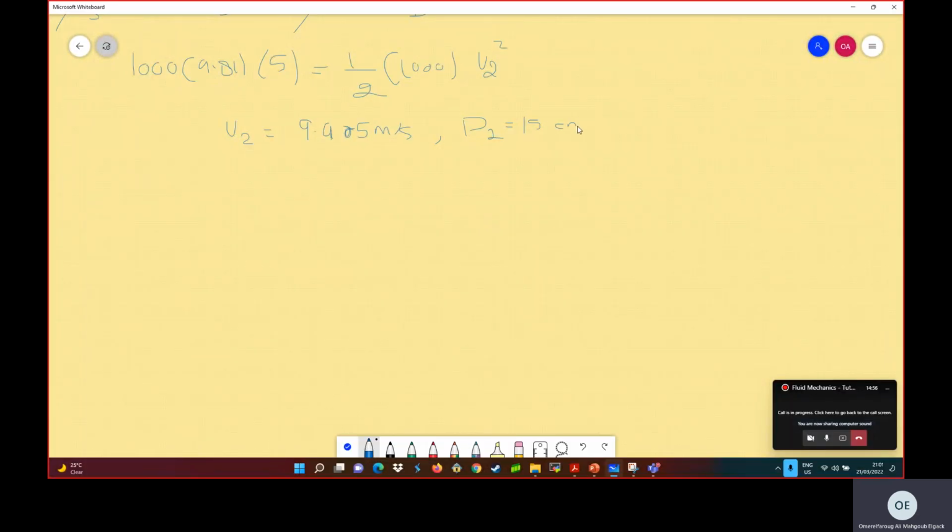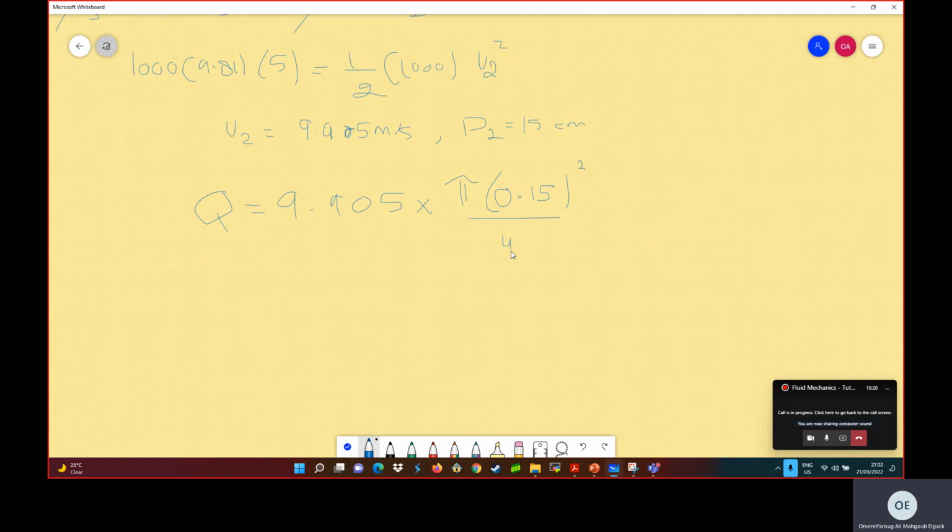Okay. When you multiply the velocity by the area, which you can find from the diameter, you will find Q, the volumetric flow rate, which is equal to 9.905 multiplied by pi D squared over 4, where D is 15 centimeters, meaning 0.15 meter, squared.